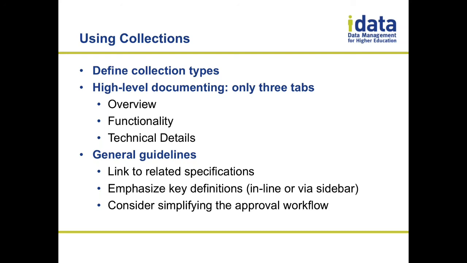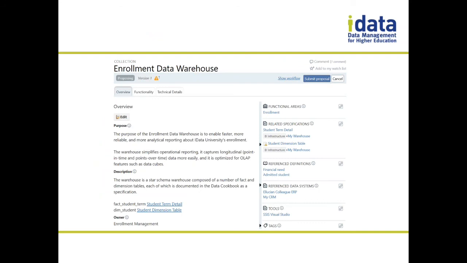They utilize out of the box a workflow that is very simple, very similar to the existing specification workflow. This may be the sort of thing where you want to simplify that down so that it may only be 2 steps in it. On the next slide, we have an example of a collection in a sample collection.